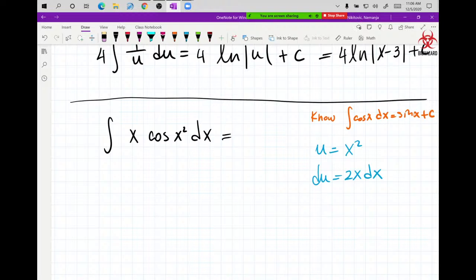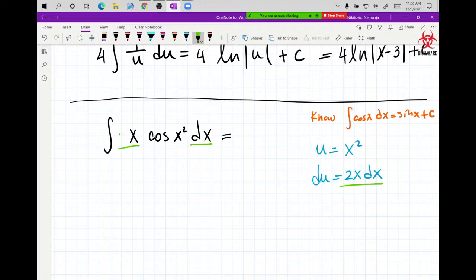Okay, so now I'm ready to make my substitutions. I see this part here, but over here I am missing a 2, as you can see, right? Because it's 2x dx. And for constants, you can fix that.